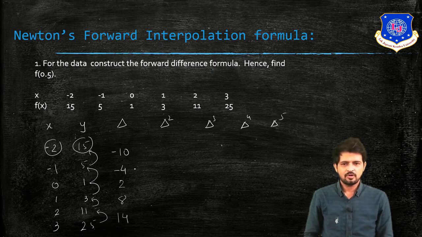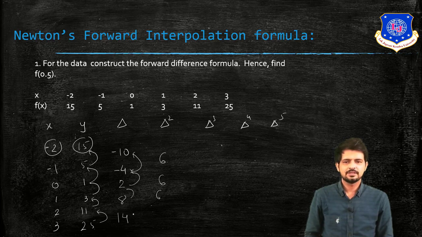Now again, for the second difference, I have to take the difference: minus 4 minus minus 10 is minus 4 plus 10, that is 6. 2 minus minus 4 is 2 plus 4, again 6. 8 minus 2 is 6. 14 minus 8 is again 6. 6 minus 6 is 0, 6 minus 6 is 0, and here also 0.